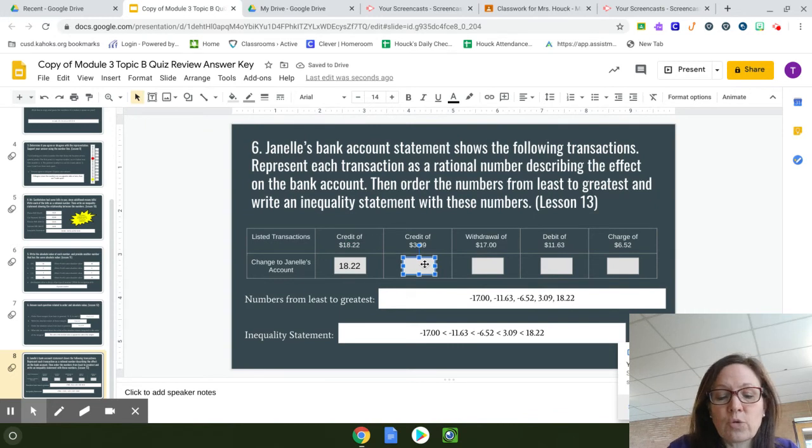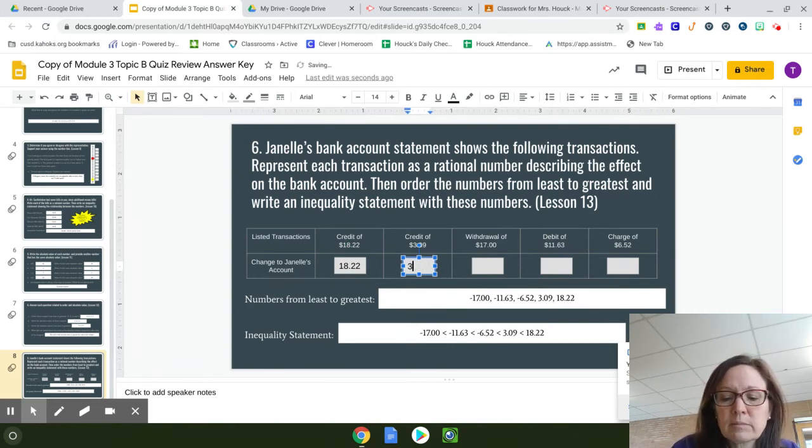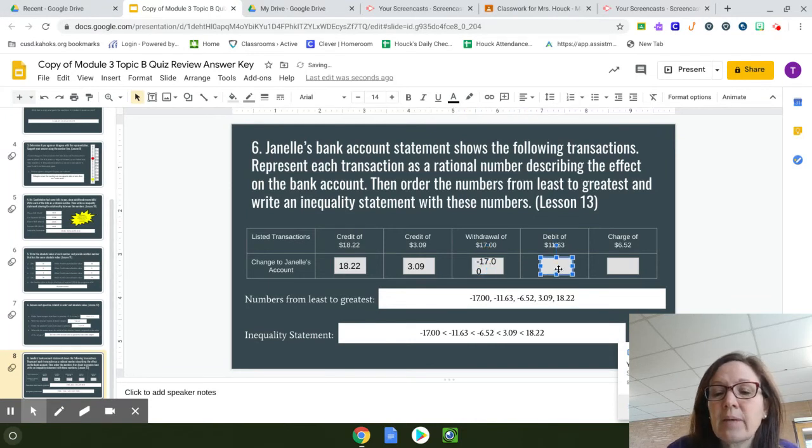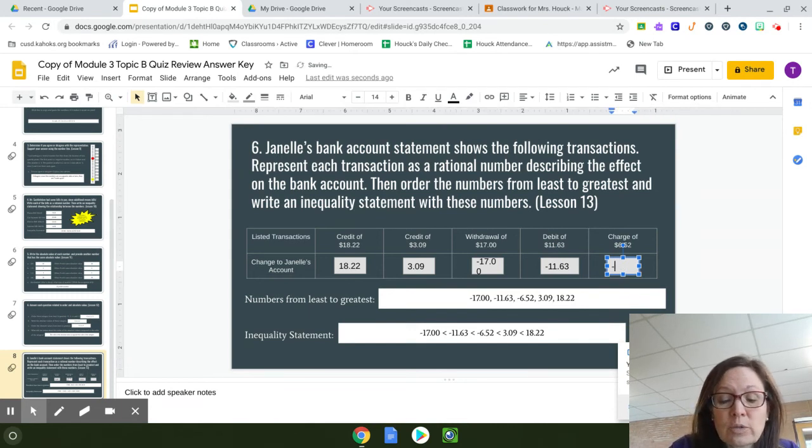Here's another credit, so we're going to type a positive number. A withdrawal would be a negative number, so I'm going to type a negative 17. A debit would be a negative number as well, so I'm going to add negative 11.63. Doesn't like to fit in there, does it? Let's see if I can spread that out. And then a charge would also be considered a negative number, so we'll type a negative.